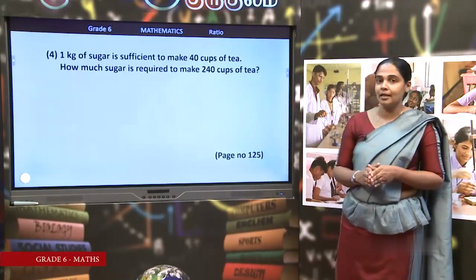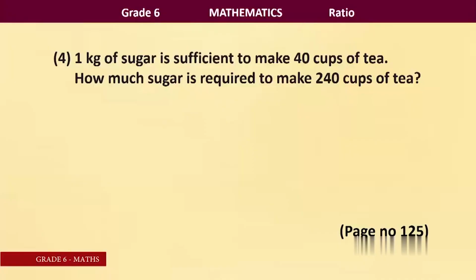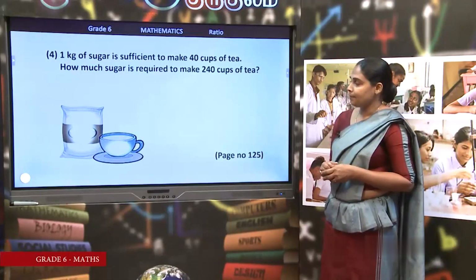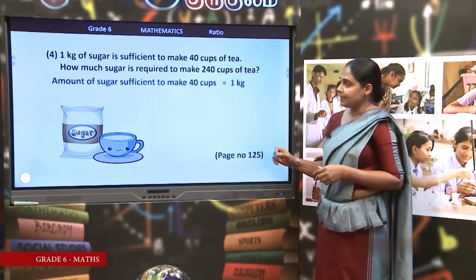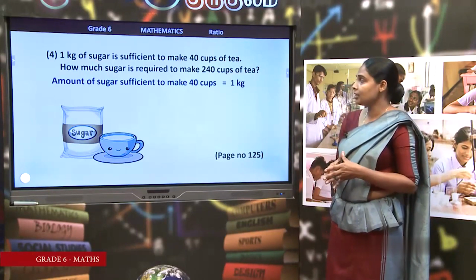It is question number 4 of your textbook. 1 kilogram of sugar is sufficient to make 40 cups of tea. How much sugar is required to make 240 cups of tea? These situations are used in your day-to-day activities. How can you write your answer? First sentence, amount of sugar sufficient to make 40 cups is 1 kilogram.